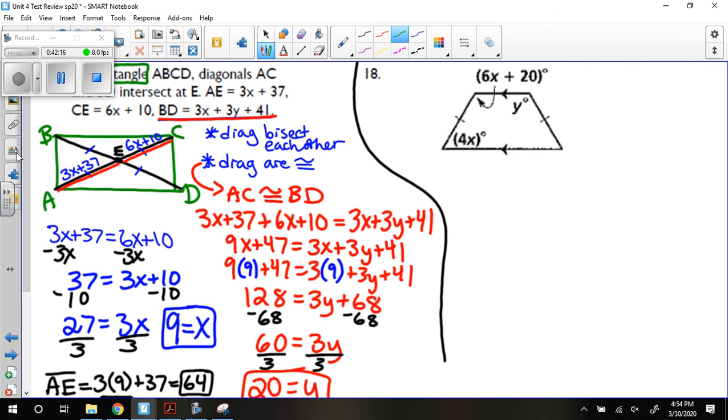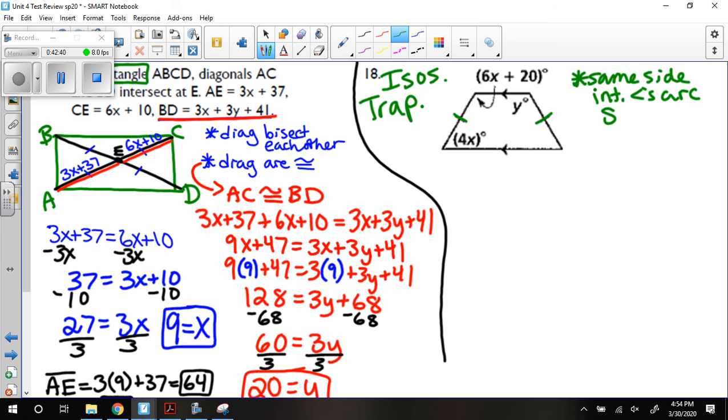All right, next we have an isosceles trapezoid. And I know it's isosceles because these 2 sides are marked congruent. Okay, in an isosceles trapezoid, same side interior angles are supplementary.